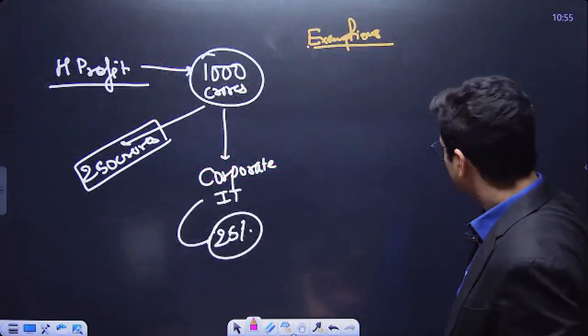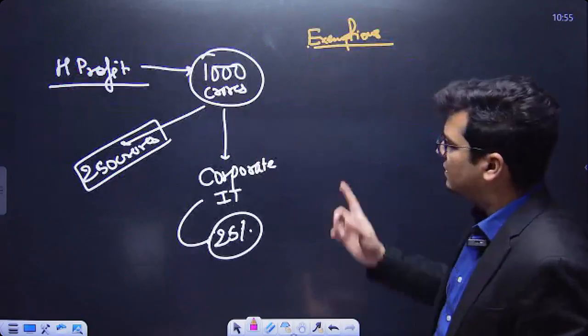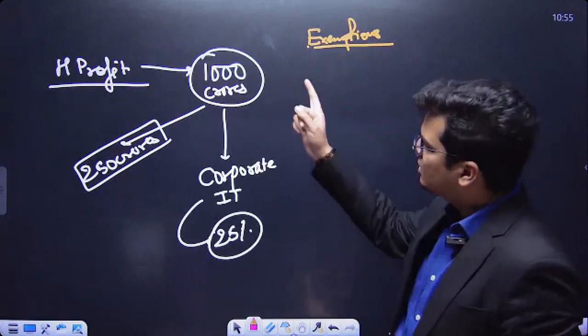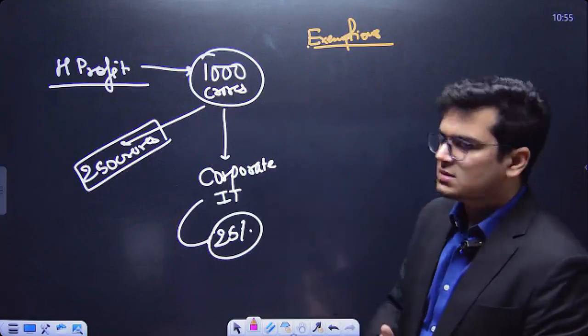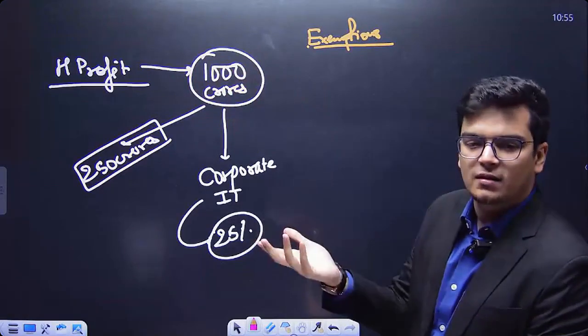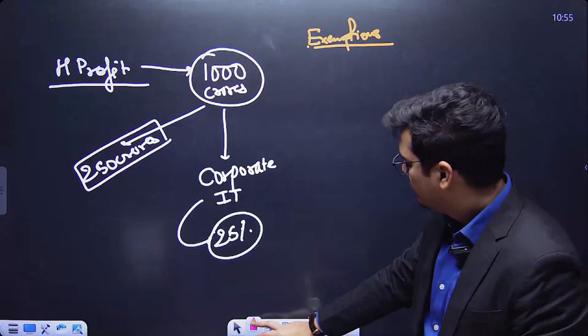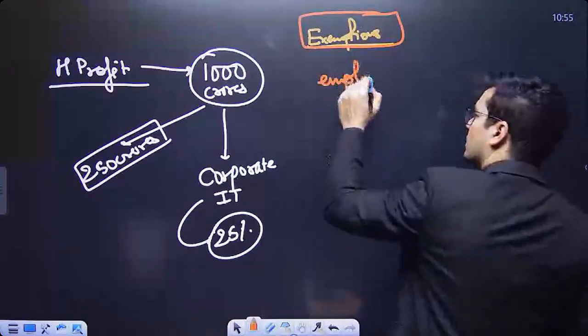Now, same case let us see with Haldiram. Haldiram has earned profit of 1000 crores. Haldiram also has certain exemptions. 1000 crores is profit of Haldiram or income of Haldiram. Government allows certain exemptions, let's say things like employees benefit.